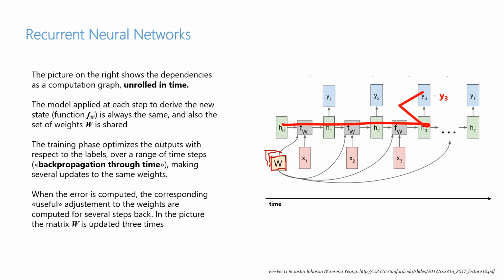For each time step, the function that the RNN calculates depends on these matrices of weights, which are always the same. So when we try to adjust the output to the desired output, we always update these values, the single copy, single occurrences of these values.